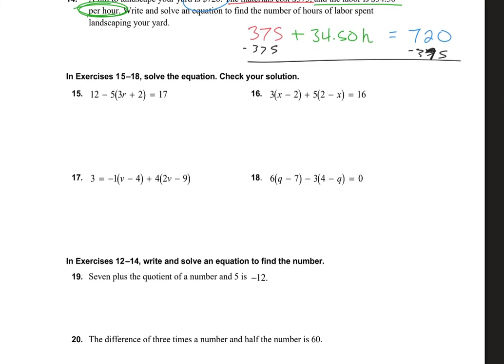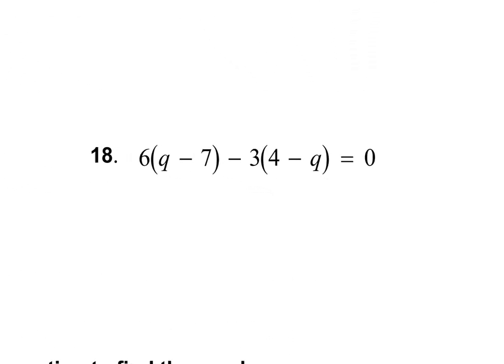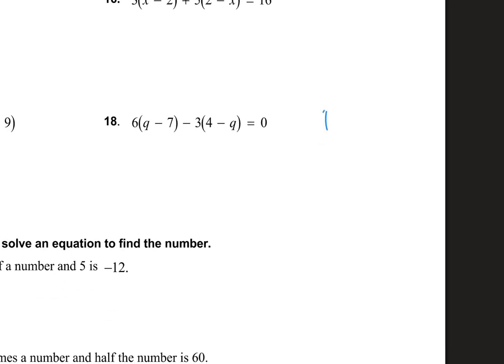Down here, I'd ask you to go to 18, so why don't we just jump to 18? All you've got to do is simplify first. I'm in the habit of saying simplify. Technically, like I said, you always start by thinking about simplifying. Well, I'm going to distribute 6.